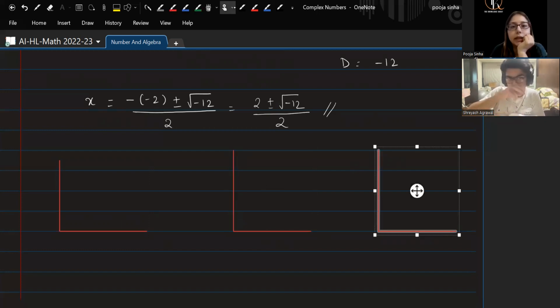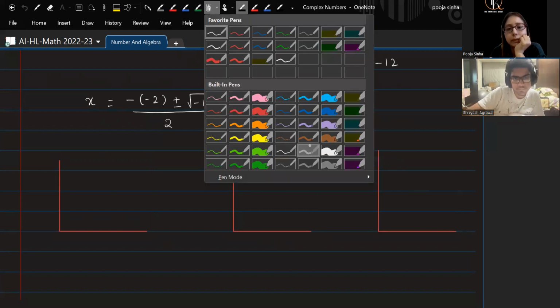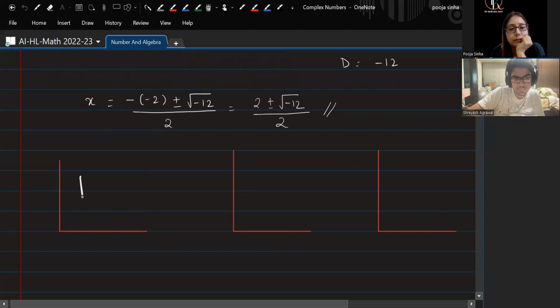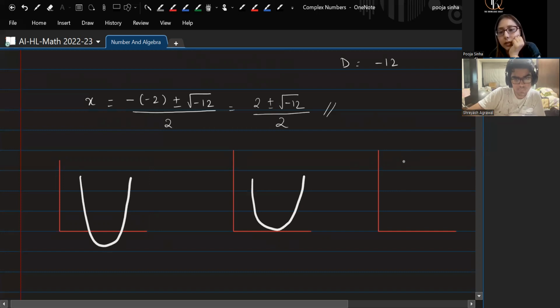In one situation, the graph looks like this. In the second situation, my graph looks like this. And in the third situation, my graph looks like this. What is the difference between the three?